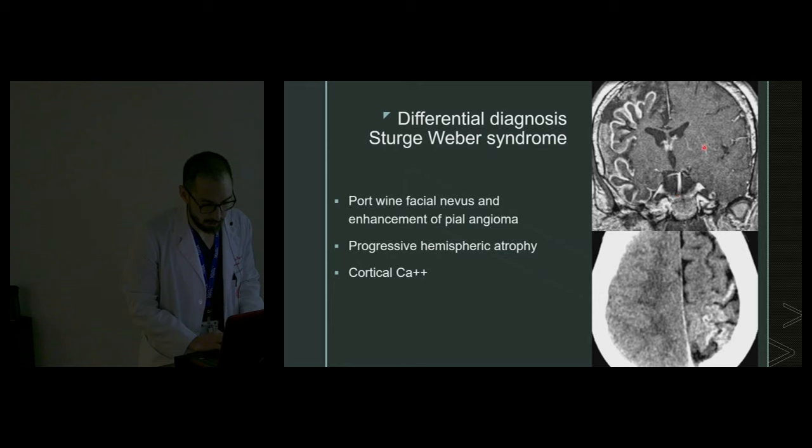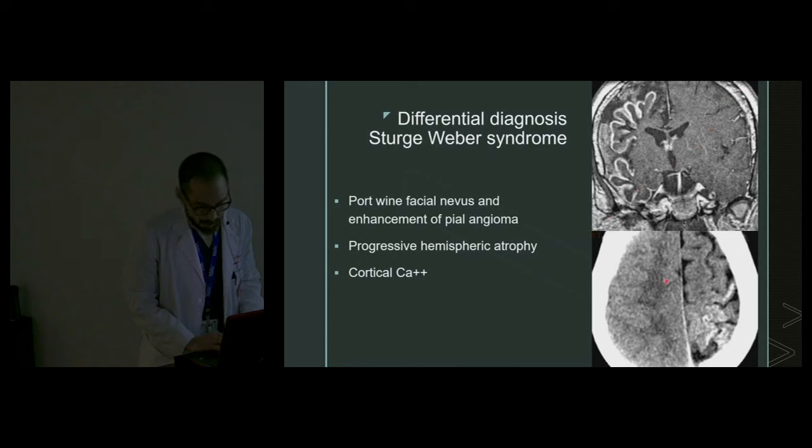On this T1 enhanced coronal MRI, we can see the enhancement of the thickened pia, which is the pial angiomatosis, and an enlarged subarachnoid space, which is the atrophy all over the right hemisphere. And we can see the sparing of the contralateral hemisphere.